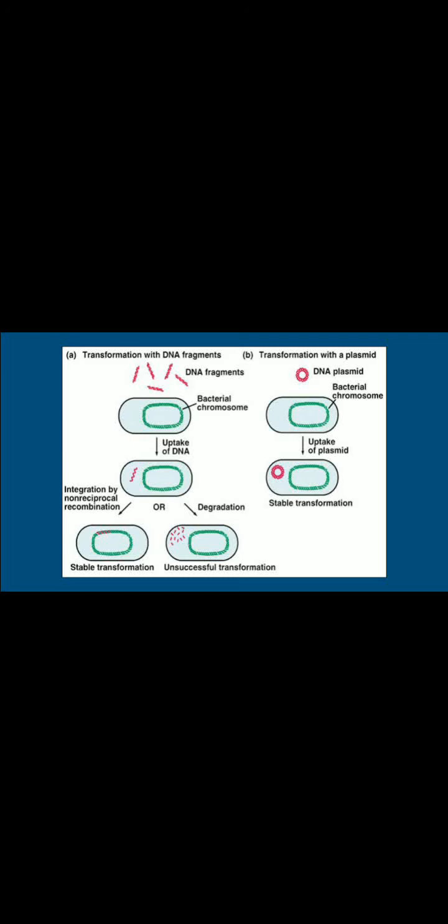Many times naturally bacteria take DNA plasmid from surrounding. This uptake of plasmid is called stable transformation, as you are seeing in the figure. There is a difference between the terms transfection and transformation.